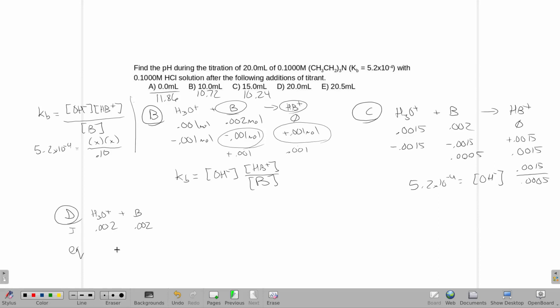So, our equation changes. We're going to have our Ka now, because we are now basing on the HB doing all the work. And our equation has the A minus and the OH. No. A minus and the H3O. All over the HA, which is our base.